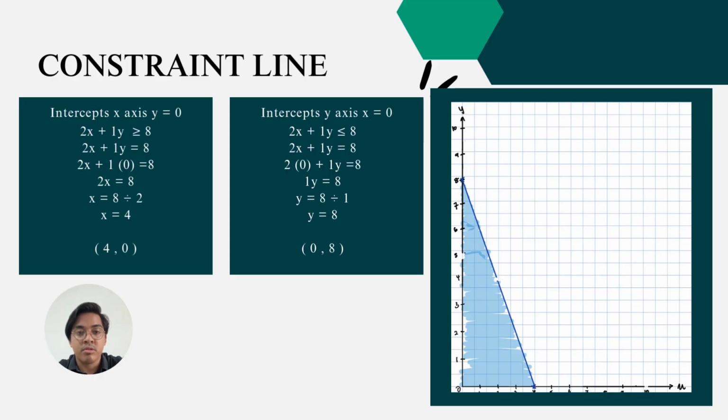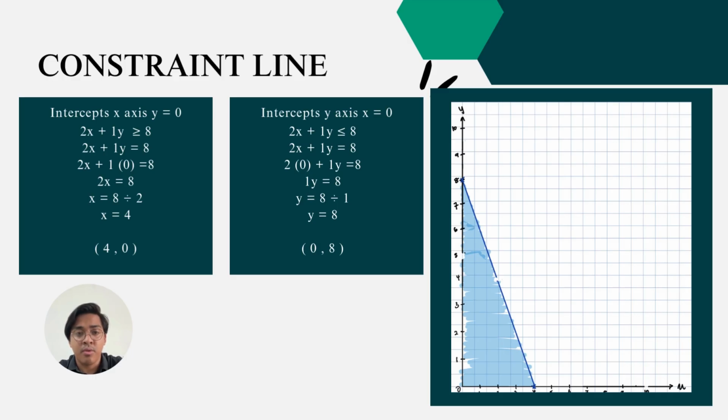Substituting y equals 0 into the equation, we get 2x plus 0 equals 8, which simplifies to 2x equals 8. Solving for x, we divide both sides by 2 and get x equals 4. So our x-intercept is the point (4, 0).